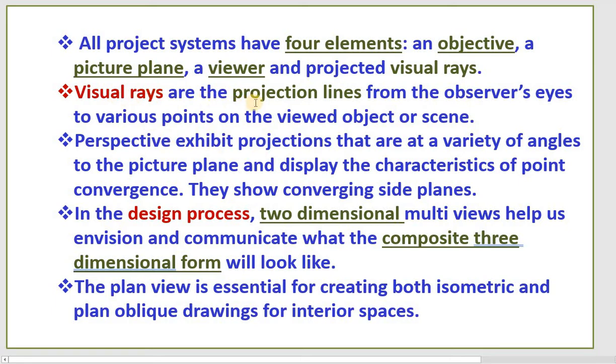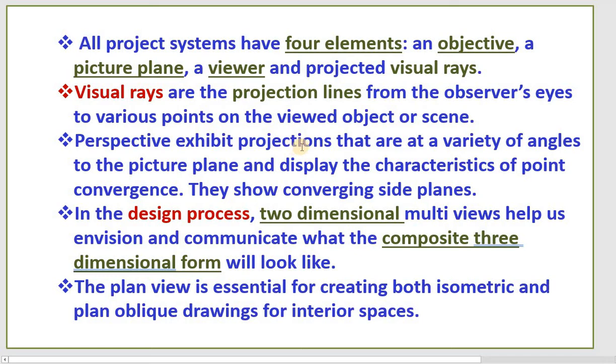Visual rays are the projection lines from the observer's eyes. That means you go to various points on the viewed object or the scene. Perspective exhibits projection at a variety of angles to the picture plane and displays the characteristic of point convergence. They show converging side planes.